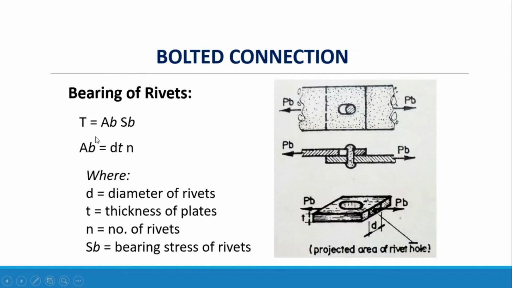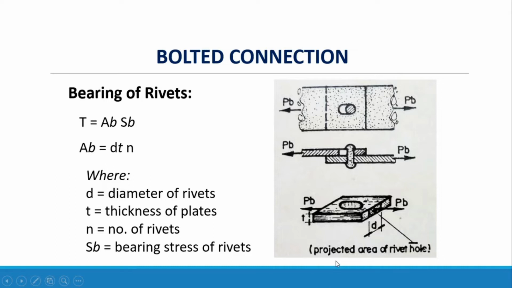Bearing of rivets, and the formula is T is equal to A sub B times S sub B, where A sub B is equal to d times t times n, where d is the diameter of rivets, t is the thickness of plates, n is the number of rivets, and S sub B is the bearing stress of rivets, which means the area for bearing is equivalent to the diameter times the thickness multiplied by the number of rivets.